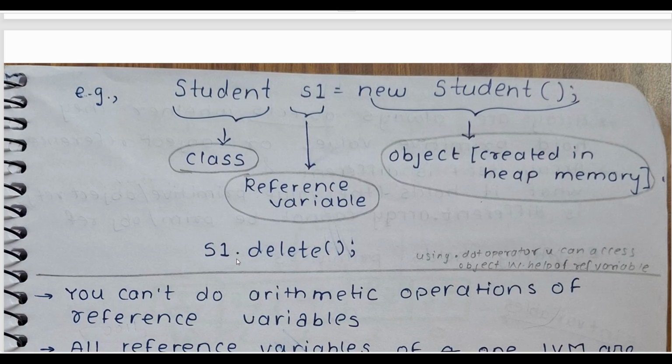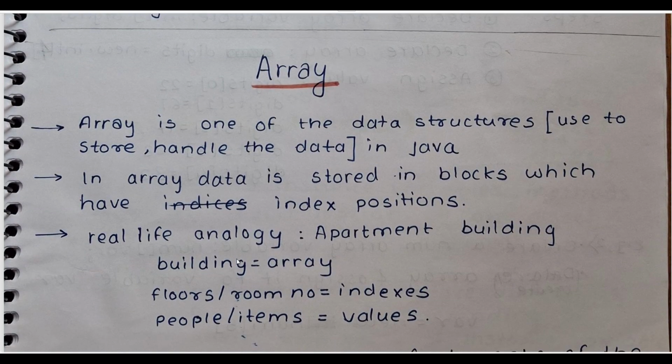Now let's talk about arrays. An array is used to store multiple values of the same data type. In arrays, data is stored in continuous memory locations. Each value is accessed using an index number. Think of an array as an apartment building, where the building is your array.